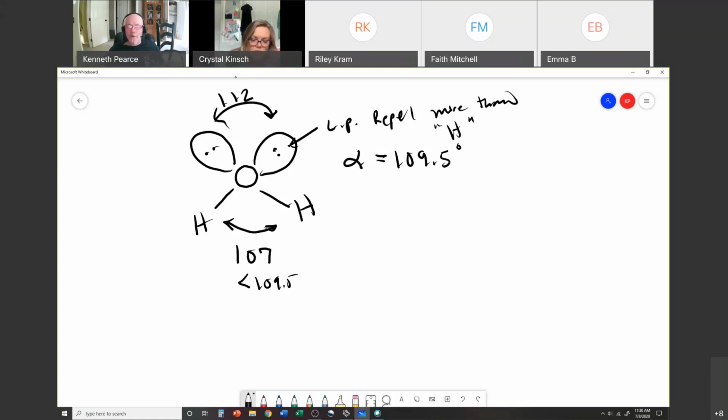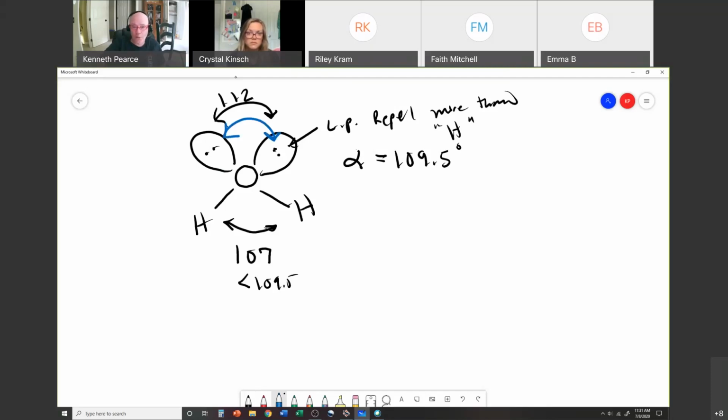The way I like to look at it is lone pairs take up more space. Remember when I talked about hypervalence and expanded octets, and really it's about taking up space? Well, it's the same thing here. The lone pairs take up a little bit more space than the hydrogens, so they push out a little bit more.